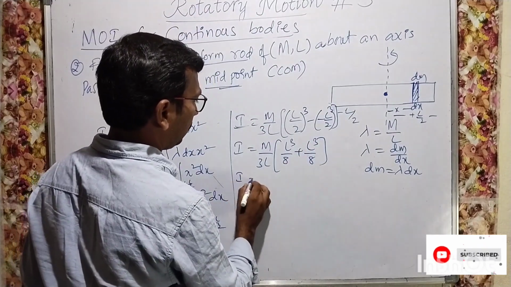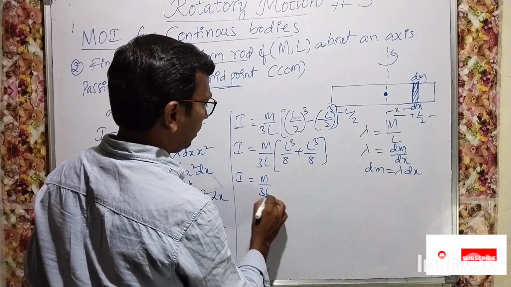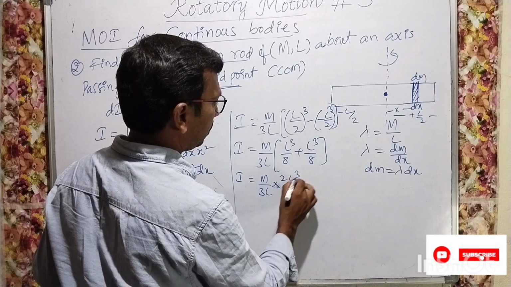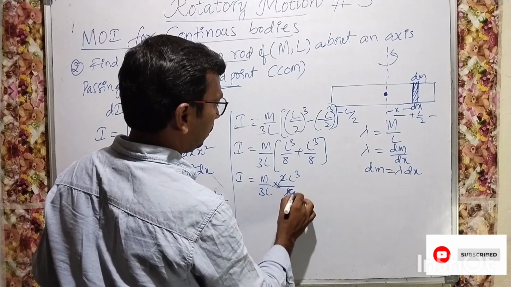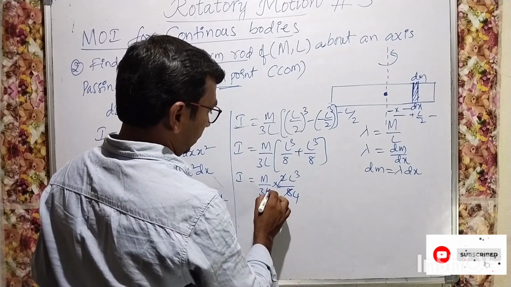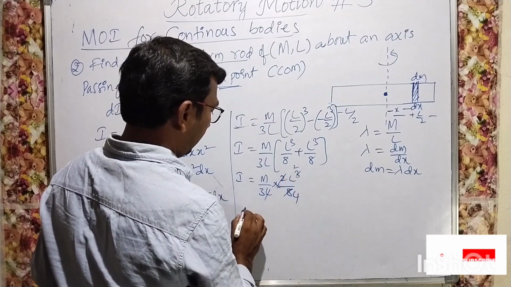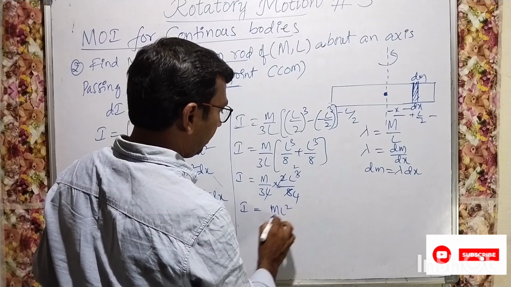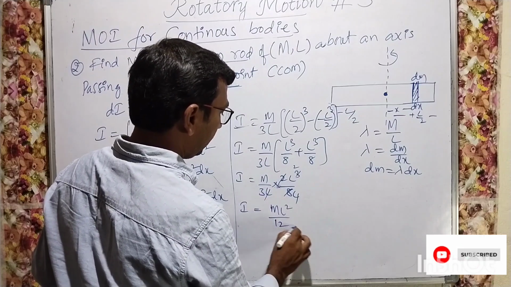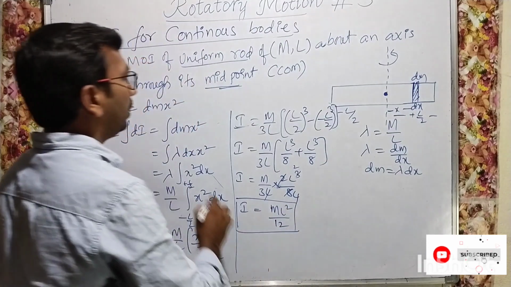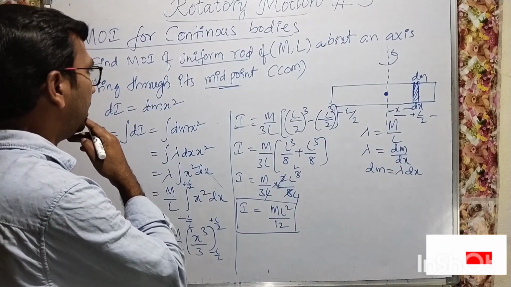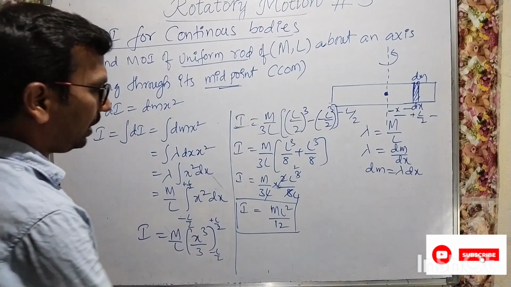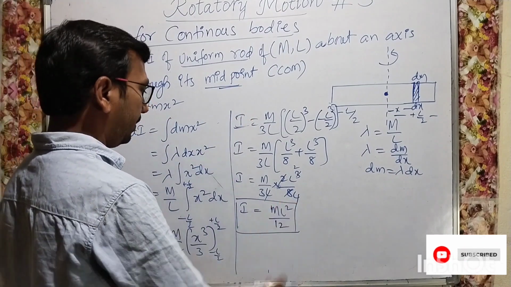This is 2 times, so 2L cube by 8, 2 1 ja 2 4 ja. So L cancels, here L square. So I is equal to m L square by 12. So this is the moment of inertia for a uniform rod about an axis passing through its midpoint. I is equal to mL square by 12.